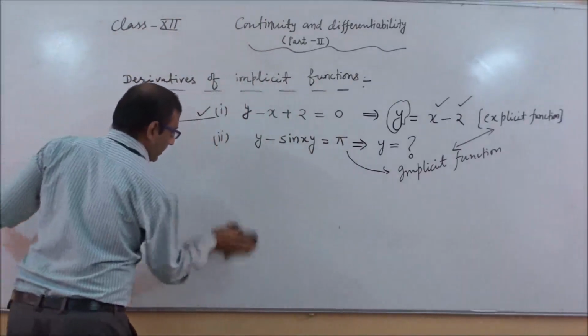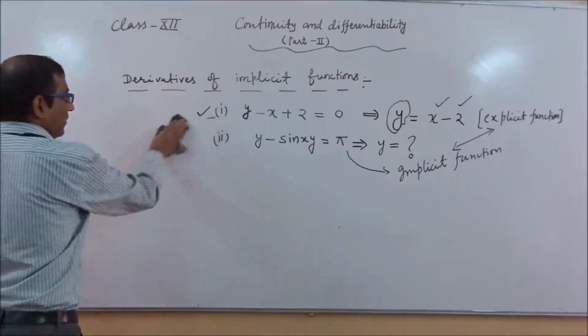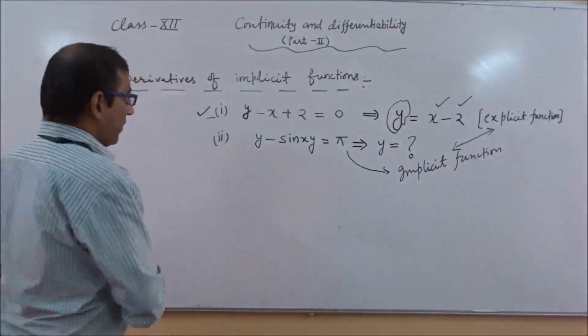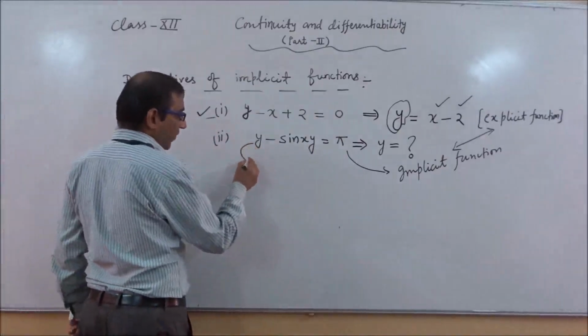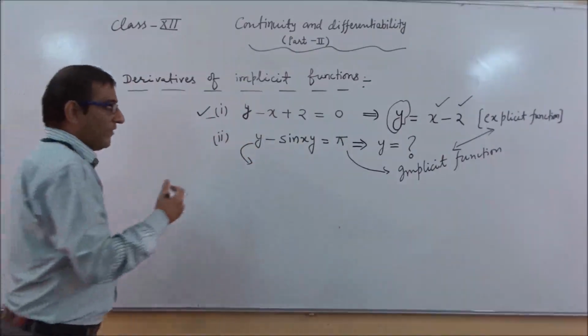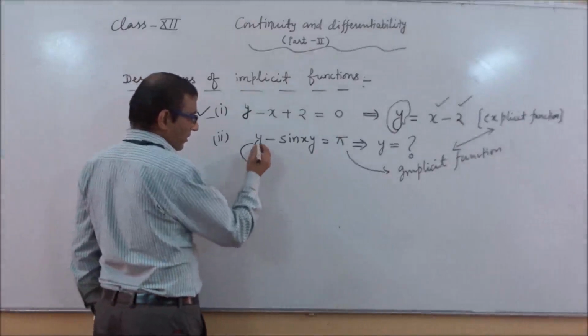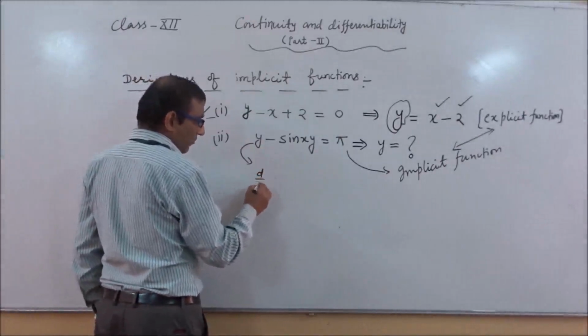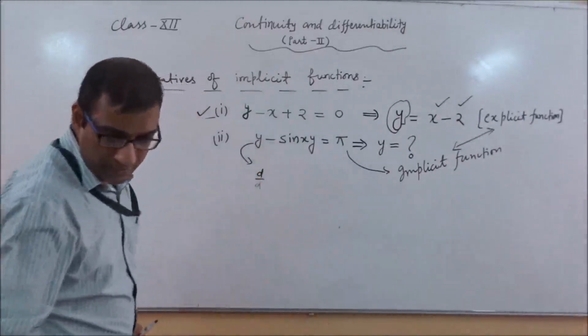First we will write the given equation. If this type of equation, an implicit type of function, is given, then how can we calculate the differentiation? First we write d by dx on both sides.